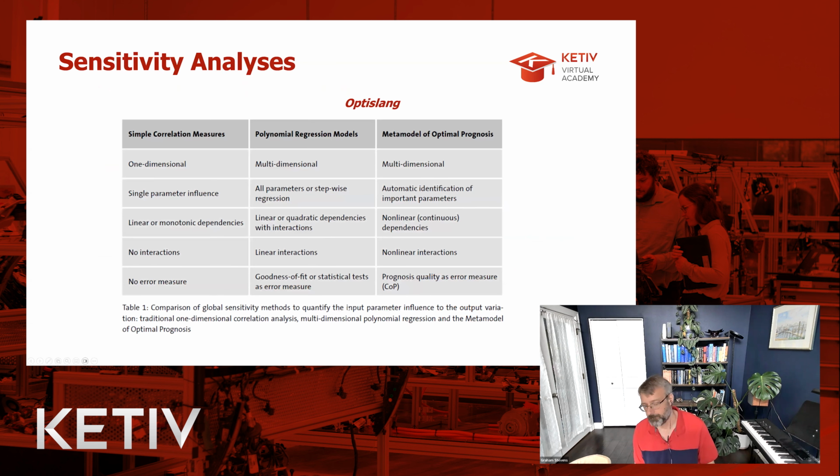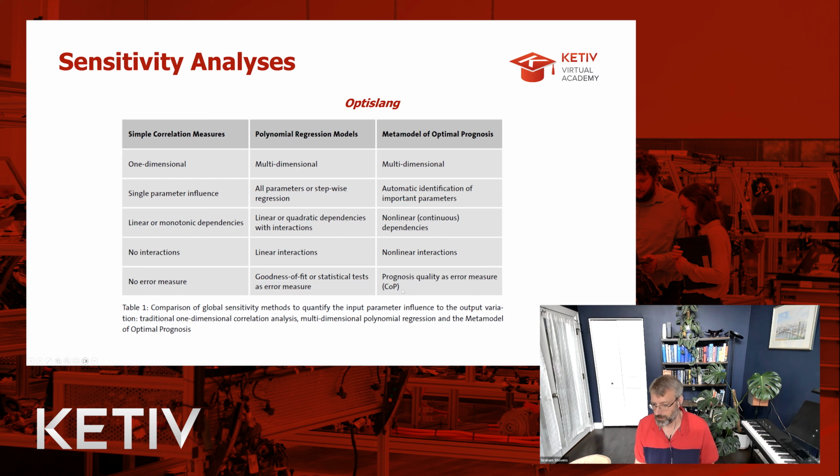And then with regards to sensitivity analysis, Optislang offers something called a meta-model of optimal prognosis, where instead of a standard one-dimensional polynomial regression or a gradient-based approach, which Optimetrics has, Optislang has much more sophisticated models. And this meta-model of optimal prognosis can handle nonlinear dependencies, nonlinear interactions.